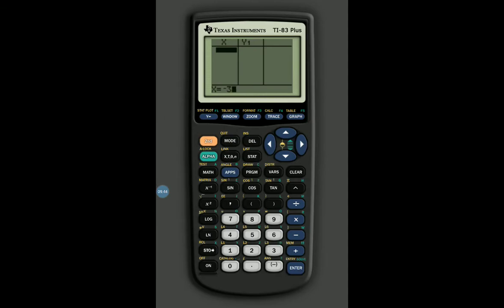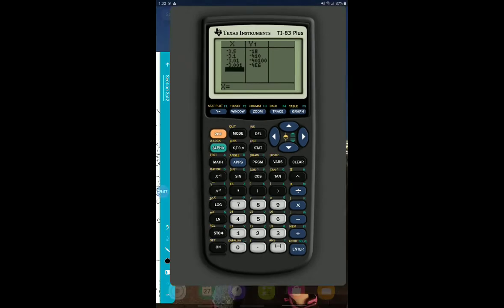So here's -3.5, -3.1 is even closer, -3.01. And you can see that as I get closer to -3 from the left, I'm heading to -infinity.